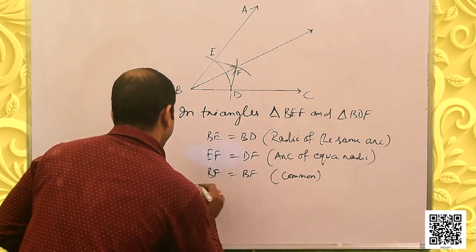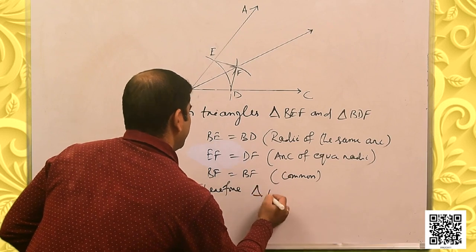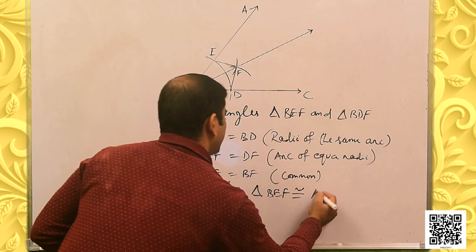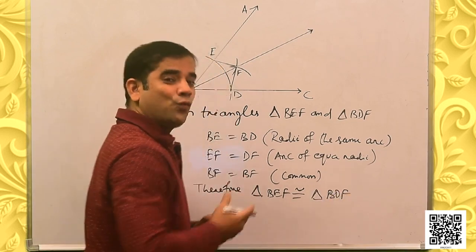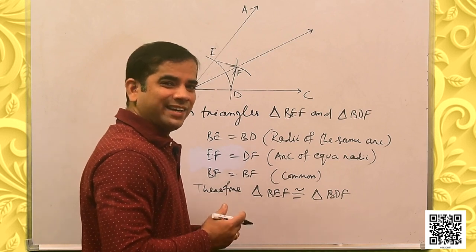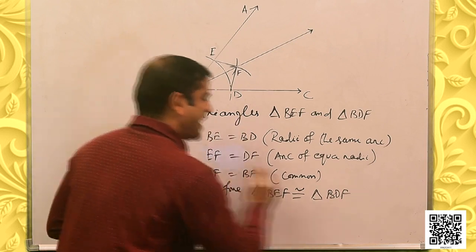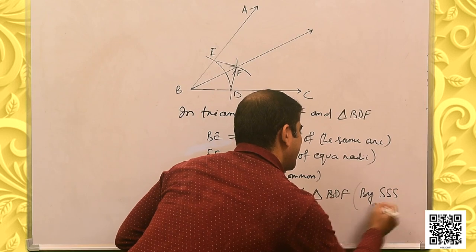Therefore, triangle BEF is congruent to triangle BDF. By which rule? I hope you all get it. It is side, side, side, by SSS congruency.